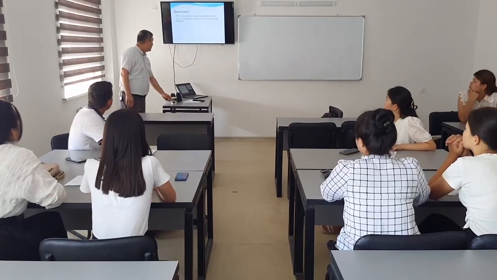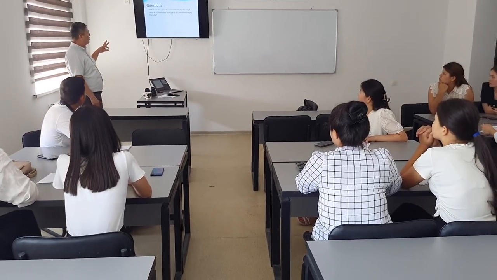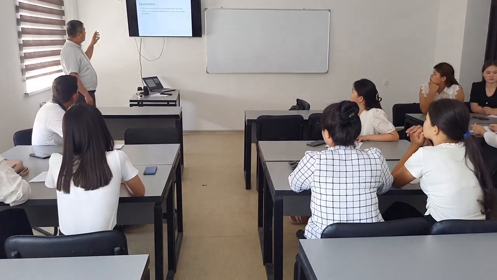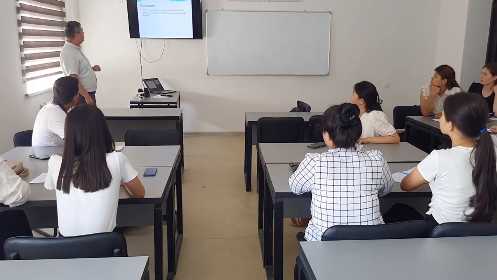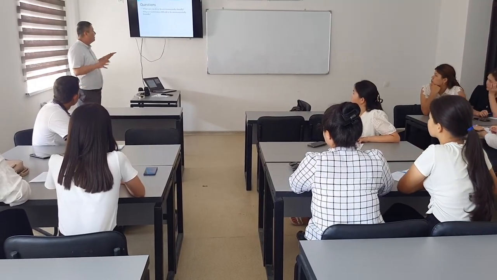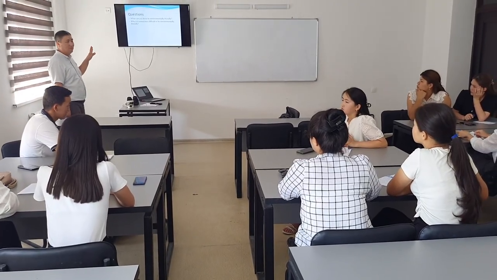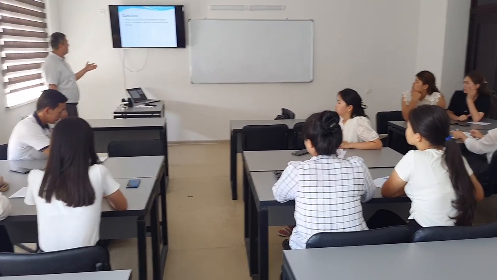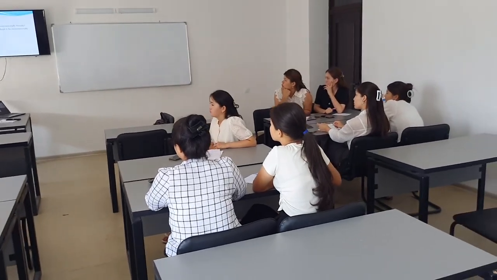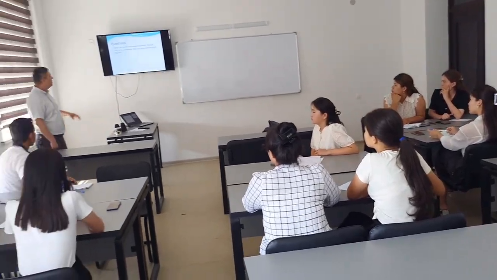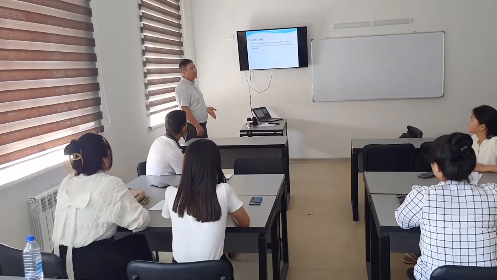So let's discuss. Here are two questions. The first question is what can you do to be environmentally friendly? Before, when you watched the video about green packaging, you came across the words environmentally friendly. So, what can you do to be environmentally friendly?